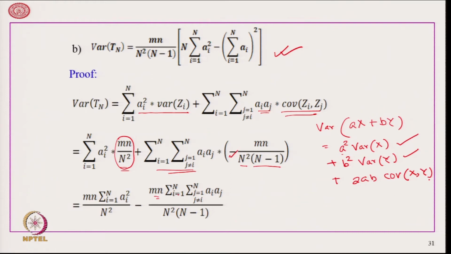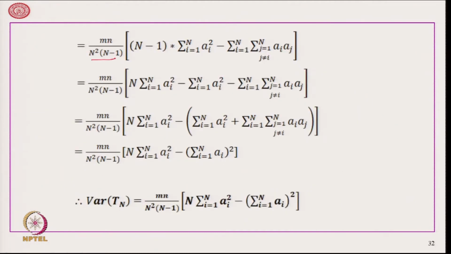Therefore, we get the double summation over i and j, i not equal to j, a_i a_j. Now, if we take m n upon N square into (N − 1) common, we have capital N − 1 multiplied by Σ a_i square minus this double summation, i equal to 1 to n, j equal to 1 to n, a_i a_j, j not equal to i.